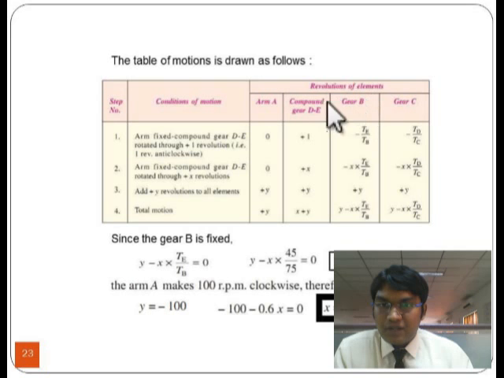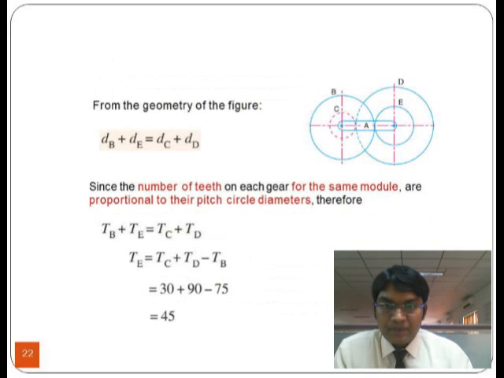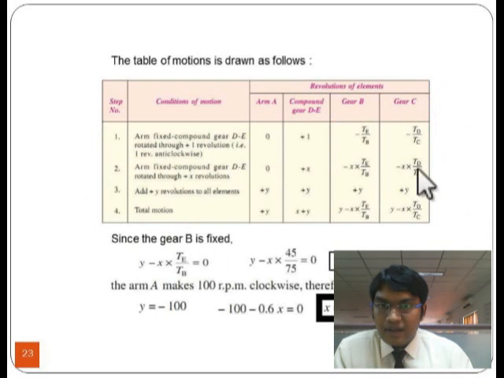If I need to find out the speed of gear B, I should first check with what B is meshing, either D or E. Now let's see. D is meshing with gear C, B is meshing with gear E. So in that case, my equation is NB by NE equal to TE by TB. So I'll get TE by TB.